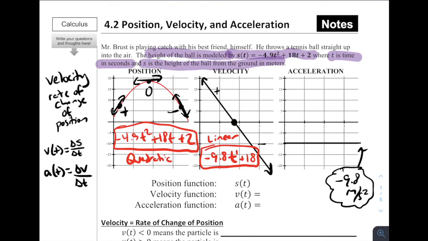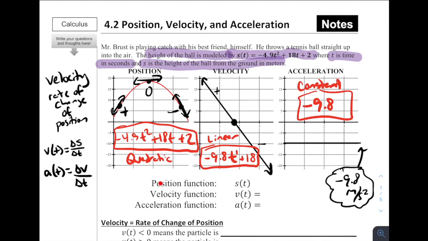That's going to go away. And then if we subtract, multiply by 1 and do the power rule on this term, we end up with that the acceleration is simply negative 9.8. And that is a constant function. So if we start with a quadratic and we take the derivative, we get a linear. And if we take the derivative again, we get a constant. And we actually end up with exactly that negative 9.8 meters per second squared that we were talking about earlier. That makes a lot of sense.